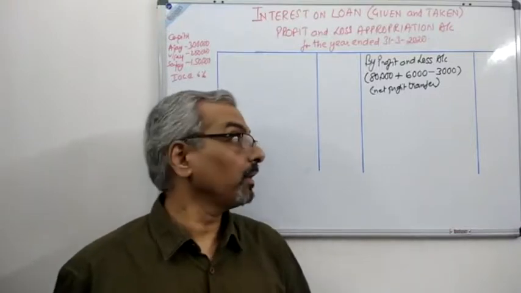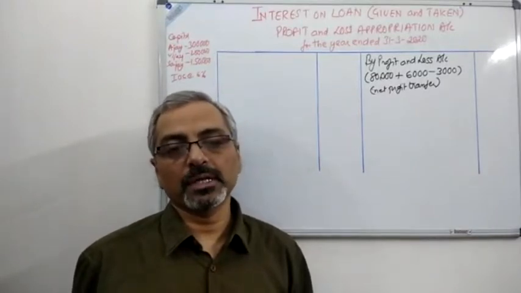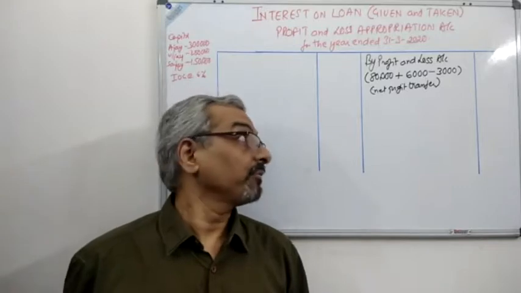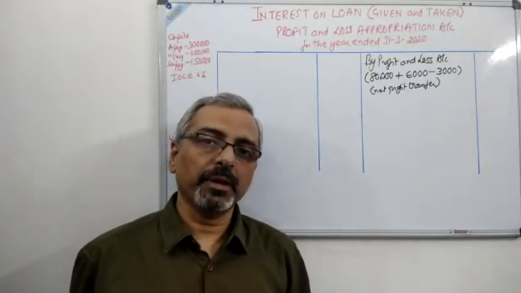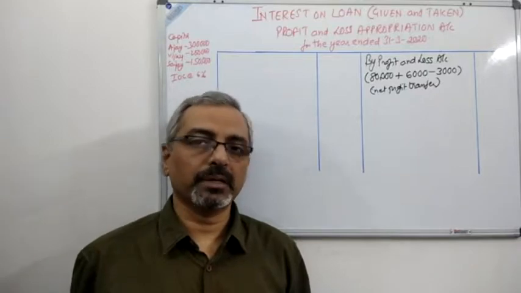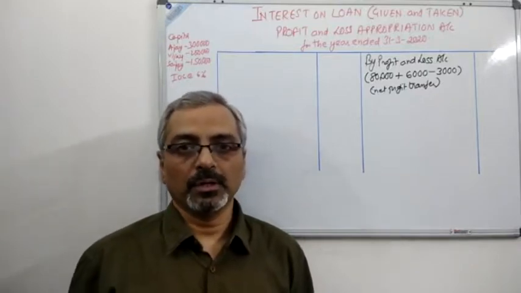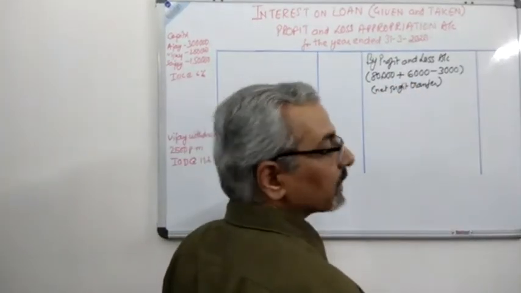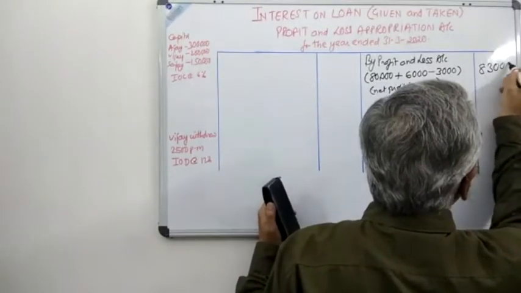And if you remember that we have added 6,000 with 80,000 because this was the interest received, and we have subtracted 3,000 from that figure, that was the interest paid. These were the interest received and paid on the loans which were either taken by the partner or given by the partner to the firm. Okay, so if you see over here, 80,000 plus 6,000 is 86,000 minus 3,000. The resultant profit is 83,000.